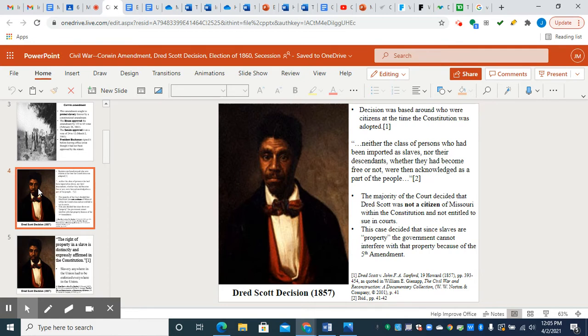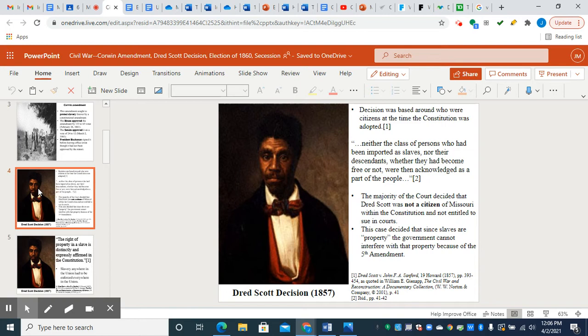You could potentially bring slaves into there. And what good is it if slavery is illegal if people can still bring their slaves into those areas and have the law enforced regarding them as their property? So that's one side of it.